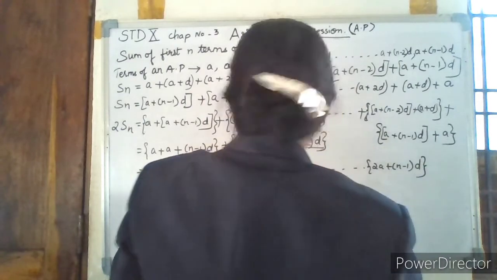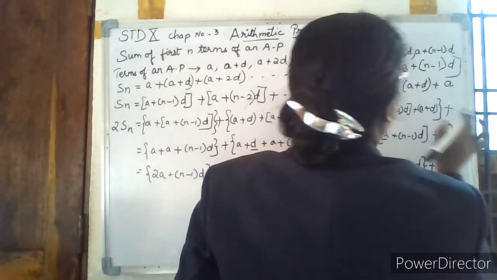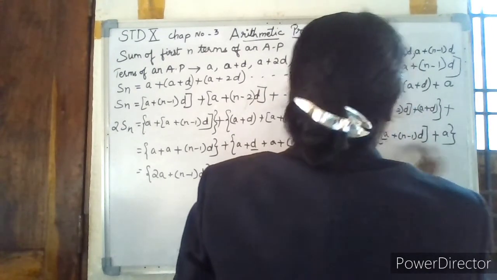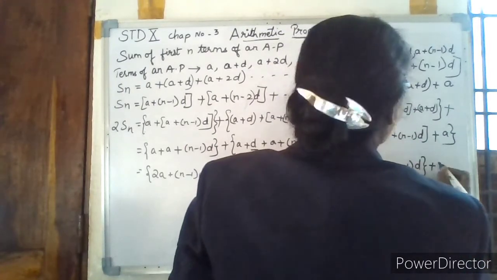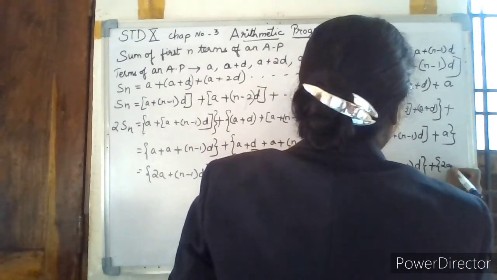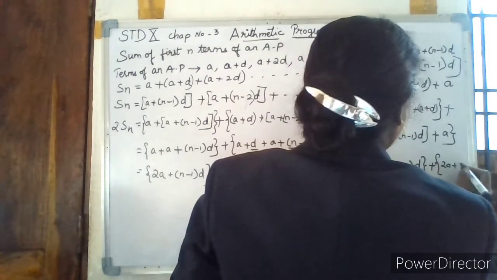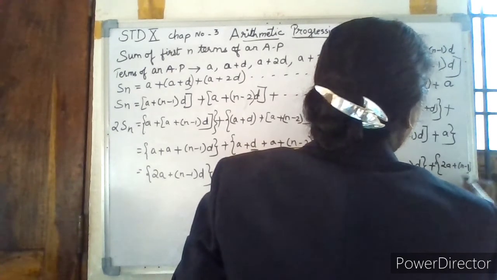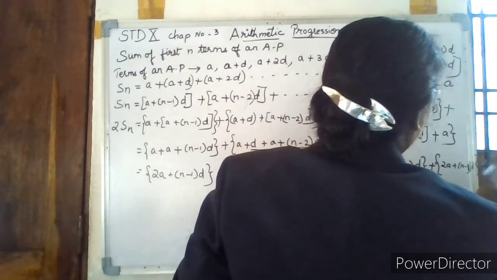Again plus this last term and this one, this plus this we get this solution. This and this will get the same solution, that is 2a plus n minus 1 into d value. So we got this the same.